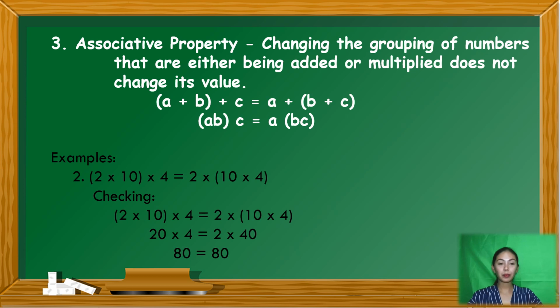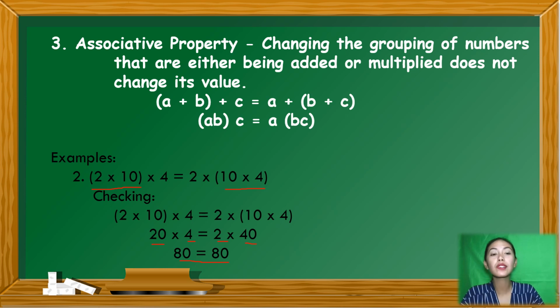Next example. The quantity of 2 times 10, times 4, is equal to 2 times the quantity of 10 times 4. Here we group this one, and in the next we group this one. By checking, 2 times 10 is equal to 20, then copy 4. 20 times 4 is 80, and 2 times 40 is equal to 80.